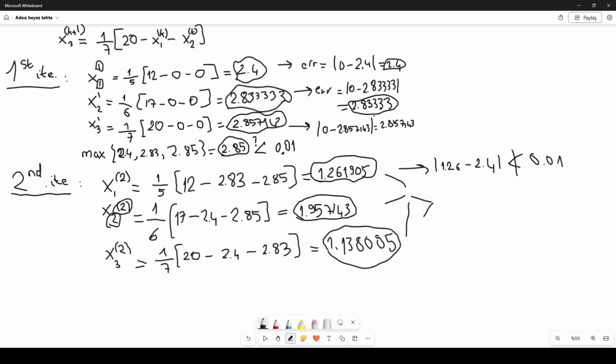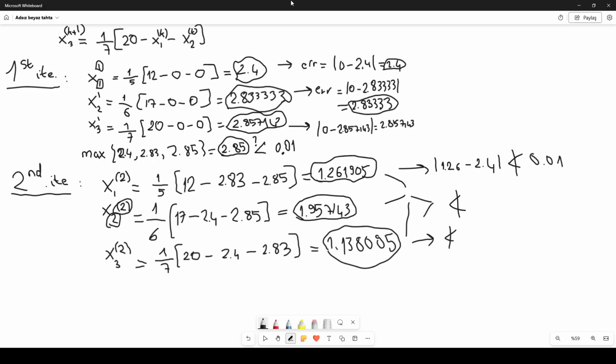Because 2.83 minus 1.95 is still not less than the error tolerance. And again, for the third unknown variable, 2.85 minus 1.13 is not less than the error tolerance. And even if I take the maximum again, it is not below the error tolerance. That means we keep iterating, right? So we will go on this way.